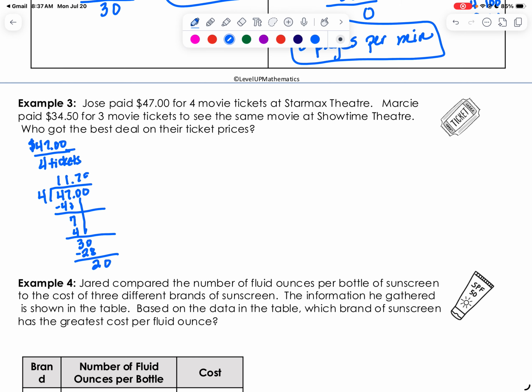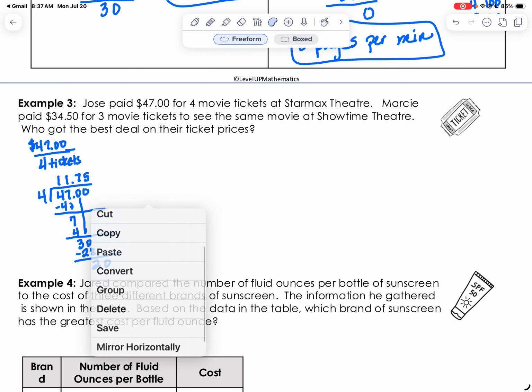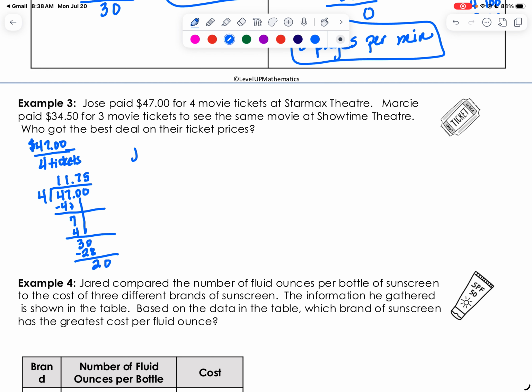And 4 goes into 20 5 times. So Jose is 11. Whoops, I wrote that incorrectly. Excuse me. I meant to write this. Jose paid $11.75 per ticket.